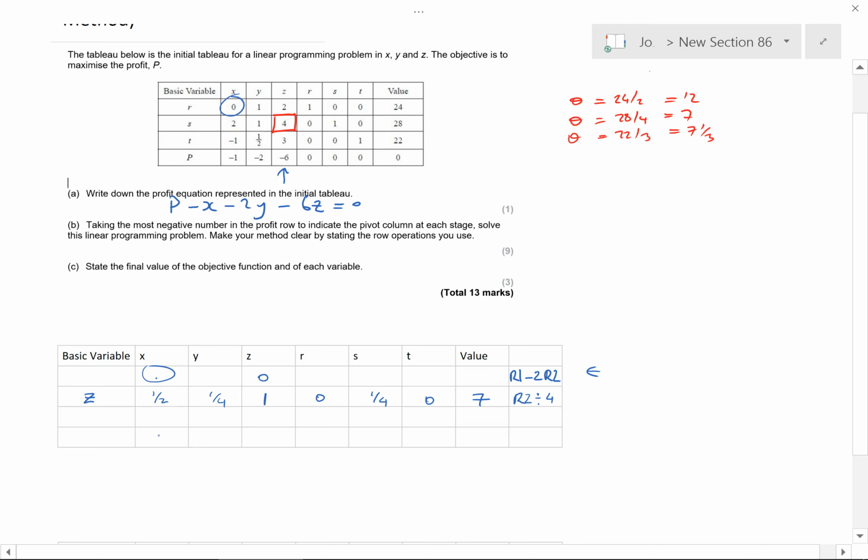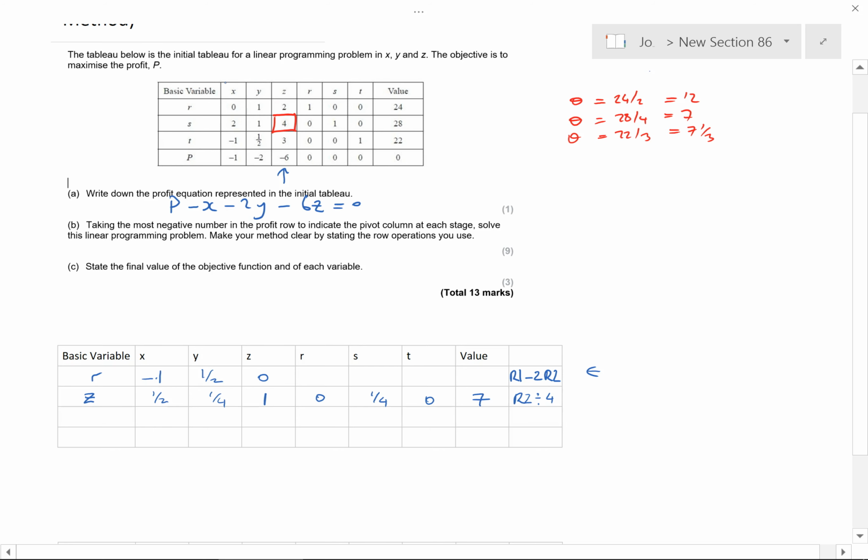So 0, take away 2 times a half, which is minus 1. Okay, so that is minus 1. Then we can do the same for this number here. 1, take away 2 times a quarter. So that number there is equal to a half.